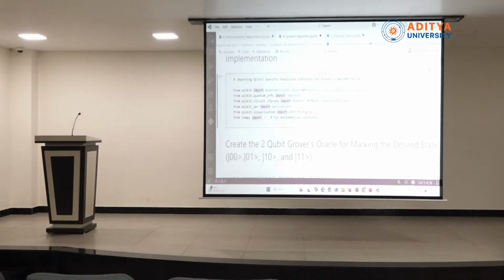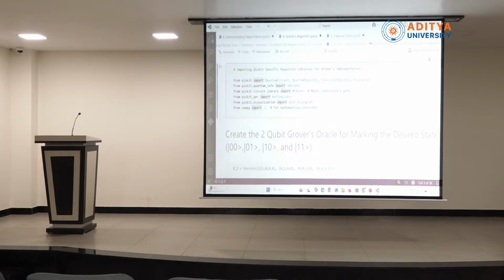Now listen, it's a cascade implementation of Grover's. These are the imports of libraries. But this implementation specifically takes a quantum register and a classical register, only for the purpose of showing that you may also take the classical register and quantum register separately. Till now we directly created the quantum circuit by passing arguments: the first argument specifying the size of the quantum register, the second showing the classical register.